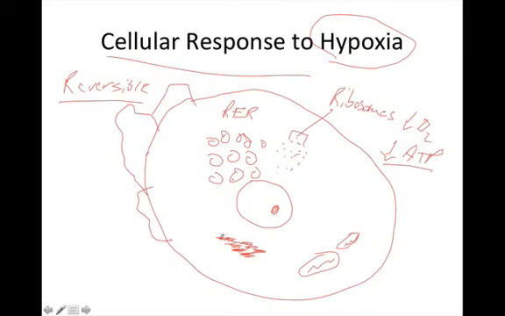Now these changes start to become irreversible when the cell membrane gets involved. While this is happening, the cell membrane is slowly going to become damaged as well, and the membrane could potentially start breaking apart. Now, the problem that we're going to see here is with calcium.